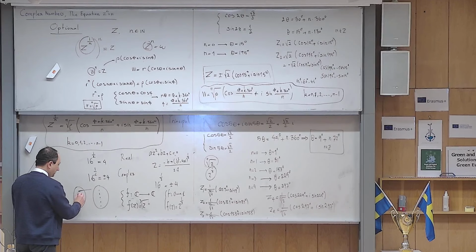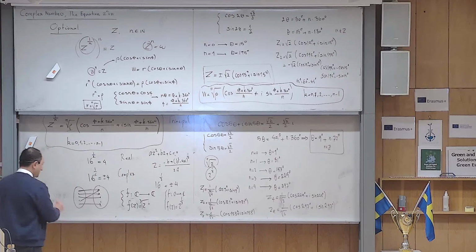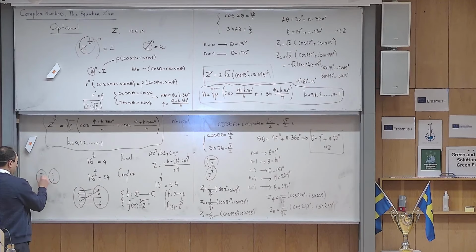So for example, this is valid for a function. This is valid, but this is not valid, because from here, I have assigned two different values to the same value.